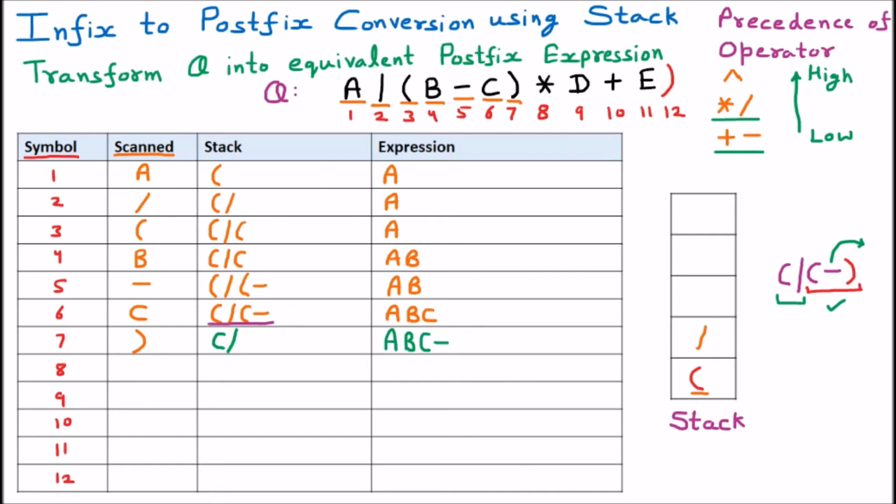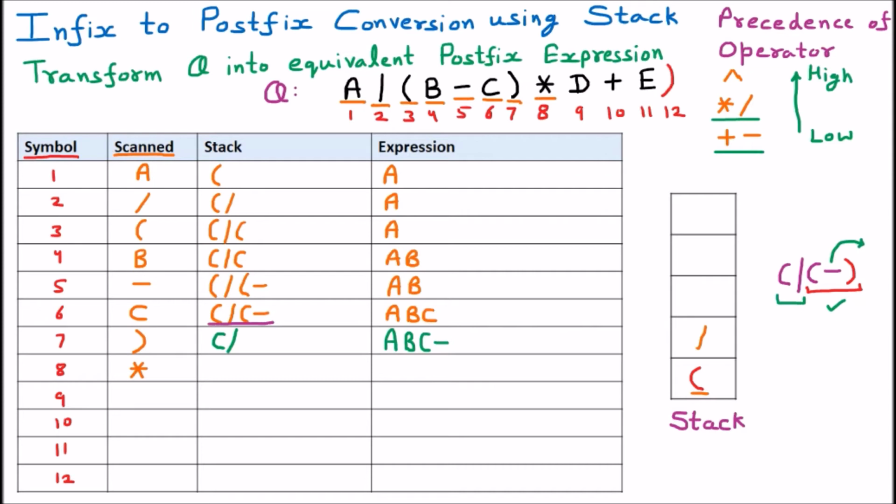Now we are going to scan the eighth symbol, which is star. So star is encountered. We already know that whenever the star or any symbol comes, that will be put onto the stack. But here is a change.